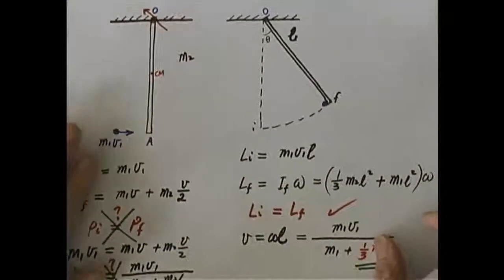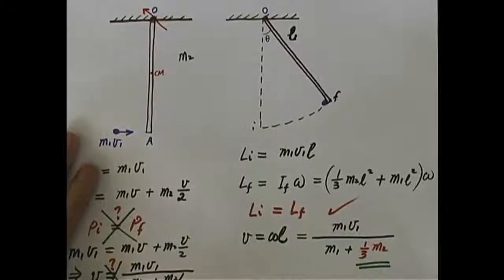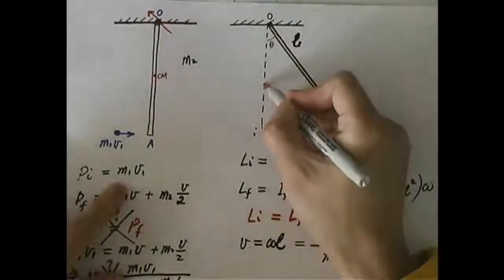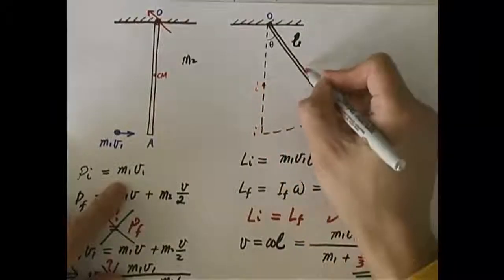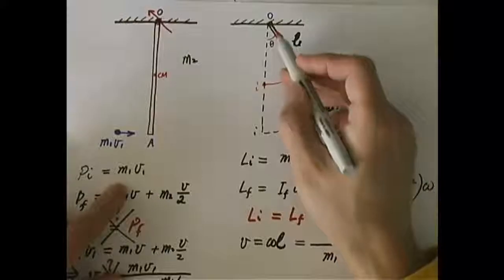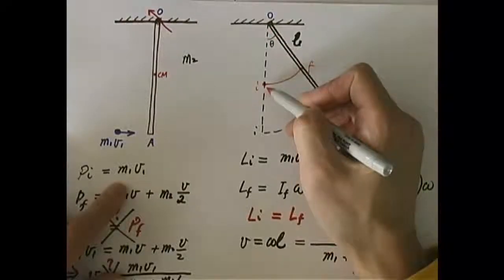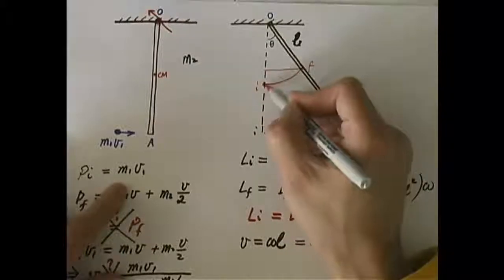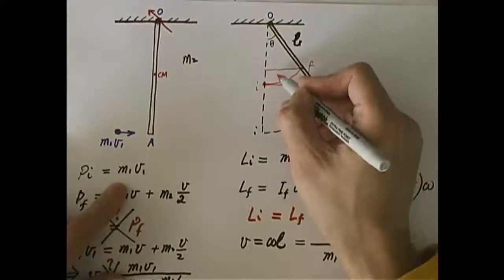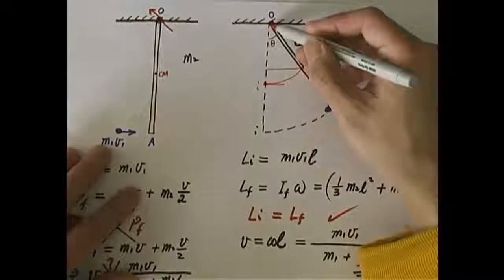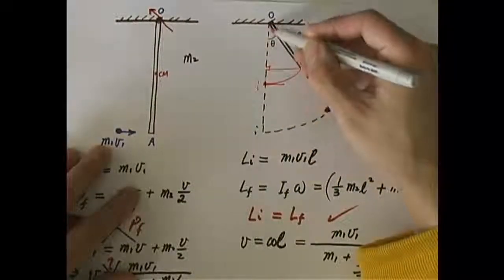Well, let's see. For the rod, you look at the center of mass. Initially it was here, the initial position, and finally it was there. It went through an arc like that. This arc is part of a circle of radius L over 2, right? So it went up by this much. How much is that? Well, that is this distance minus that distance.